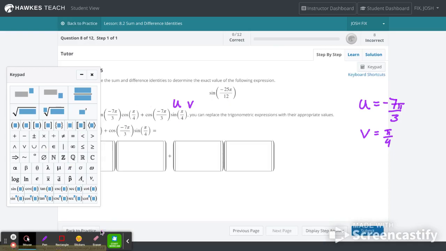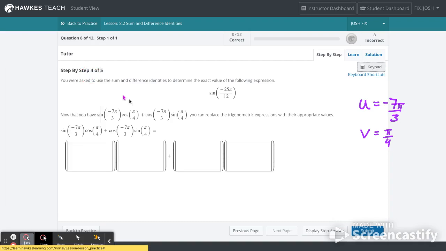All right. So I'm just going to erase that real quickly. It's not in our way. So now we're ready to evaluate. And so this is where the unit circle is going to come back into play again. Okay. So now this is where our unit circle is going to come back into play.